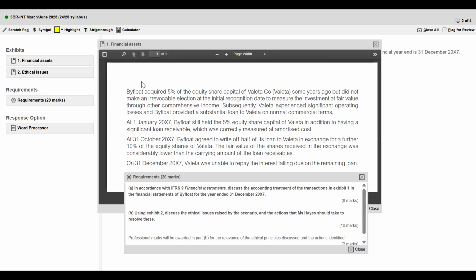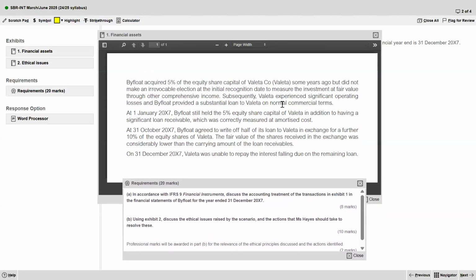Okay, now Bifloat acquired 5% of the equity capital of Valletta some years ago, but did not make an irrevocable election at the initial recognition date to measure the investment at fair value through other comprehensive income. Subsequently, they experienced significant operating losses and Bifloat provided a substantial loan to Valletta on non-commercial terms.